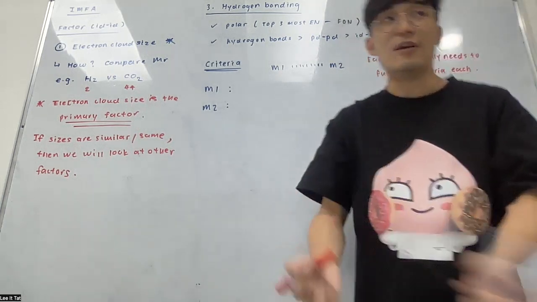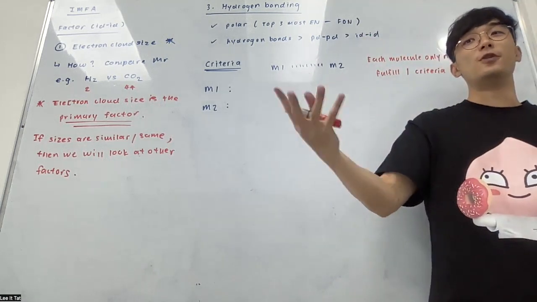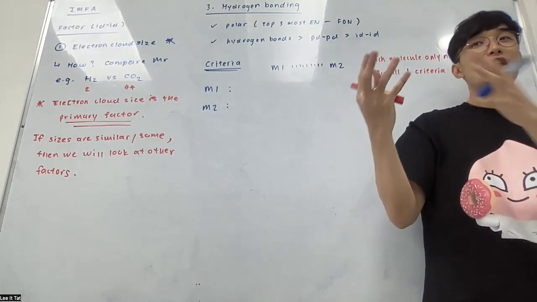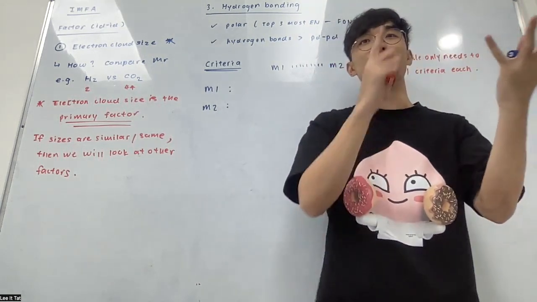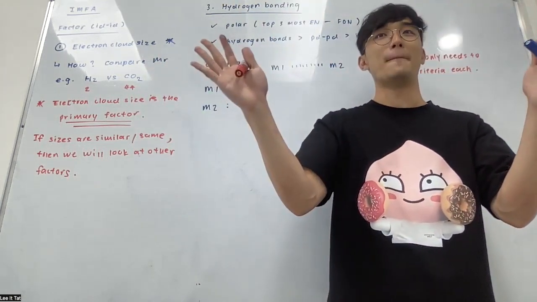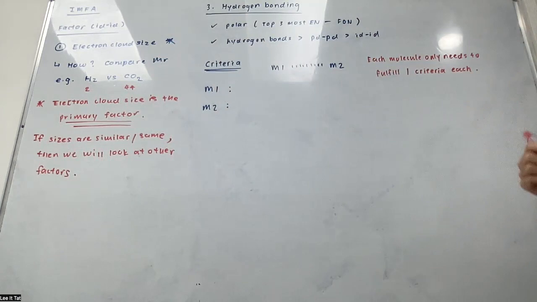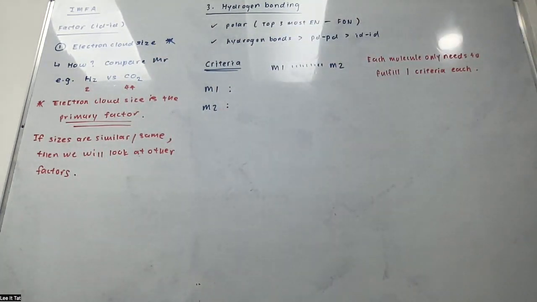In other words, if one molecule fulfills criterion 1, the other molecule must fulfill criterion 2. It's not that molecule 1 needs to fulfill criteria 1 and 2, and molecule 2 also needs to fulfill criteria 1 and 2. Does that make sense? Maybe I'll use a different term, criteria A and B. That also works. Later we'll see the examples.